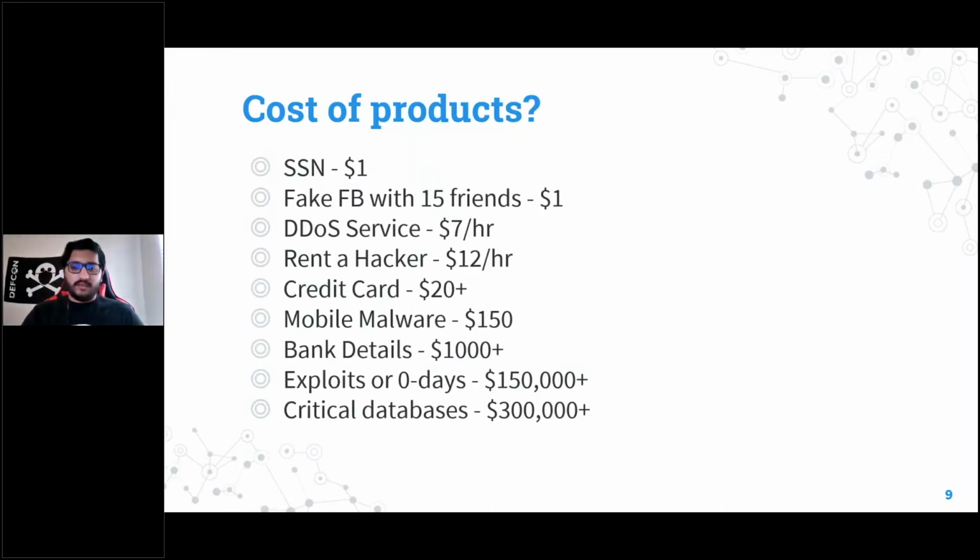And exploits of 0 days, $150,000. In recent news, you might have read about 150,000 cloud databases leaked or Facebook accounts leaked. These things happen every month or so. That's why we focus more on the dark web to identify database leaks.